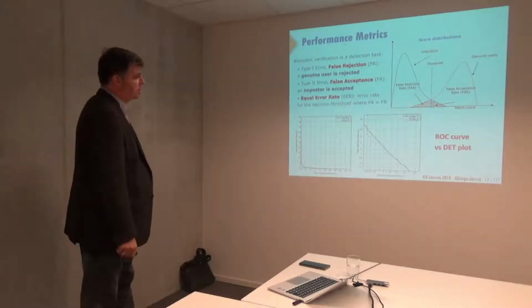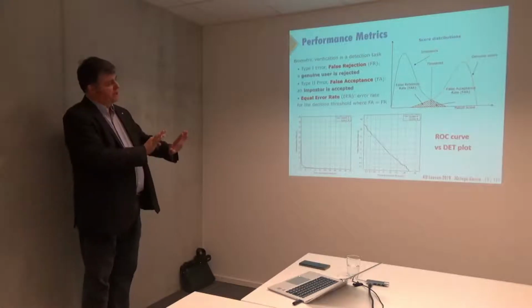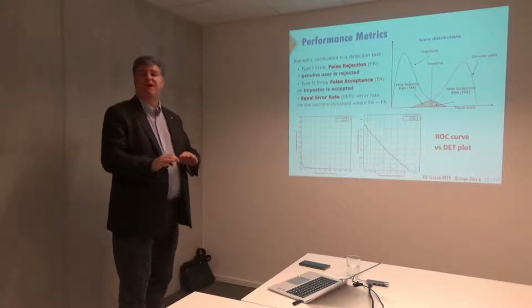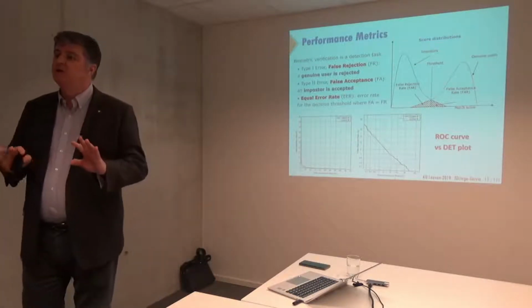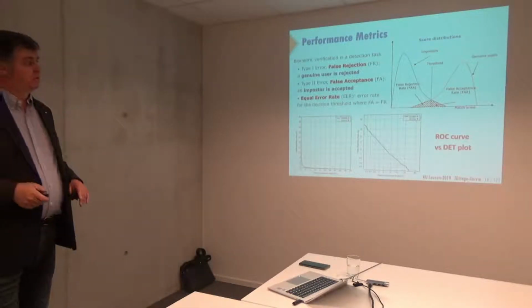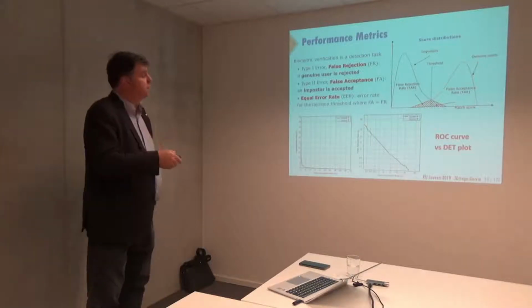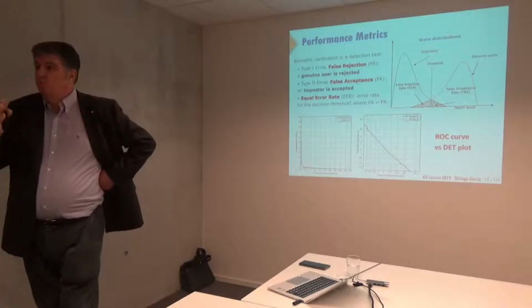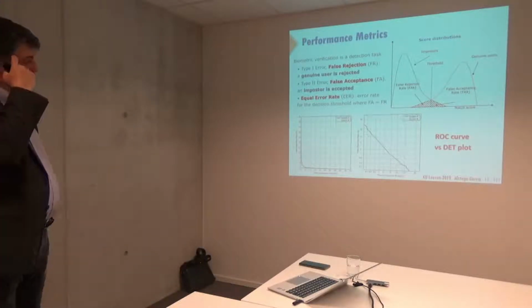They complement one another. If you want to reduce one of them, the other will increase. So you have to cope with this problem. And you have a threshold. This is the system threshold. It depends on what you really want your system to work with.